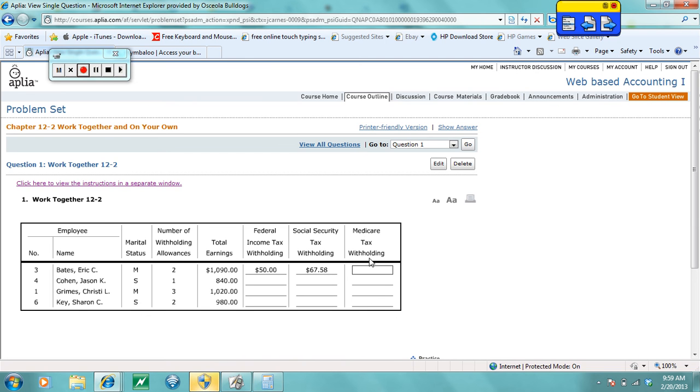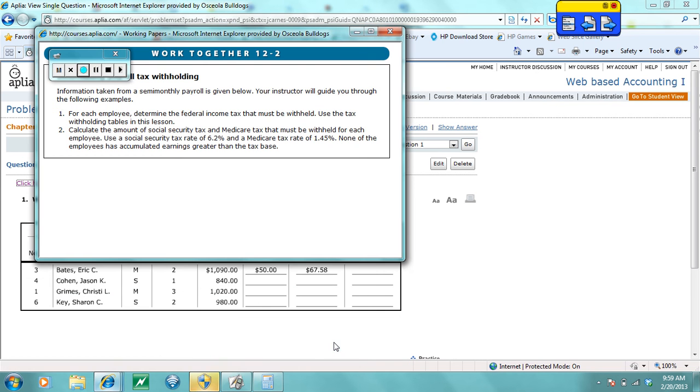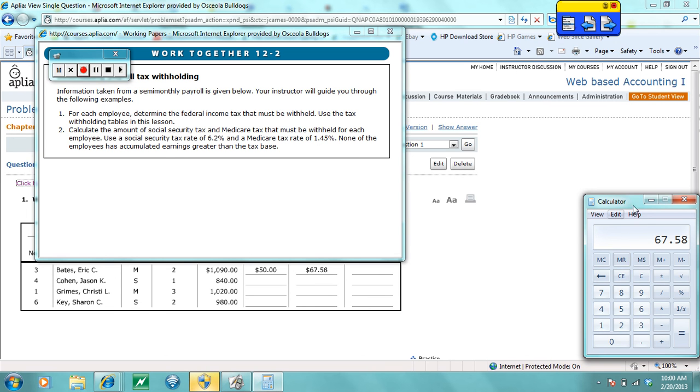Now, Medicare tax. What's it say in the instructions? It says it's 1.45%. Moving this decimal 2 places to turn it into a decimal to times. I'm changing it, a percentage to a decimal. And you're like, well, it has a decimal, but it's in percent format.